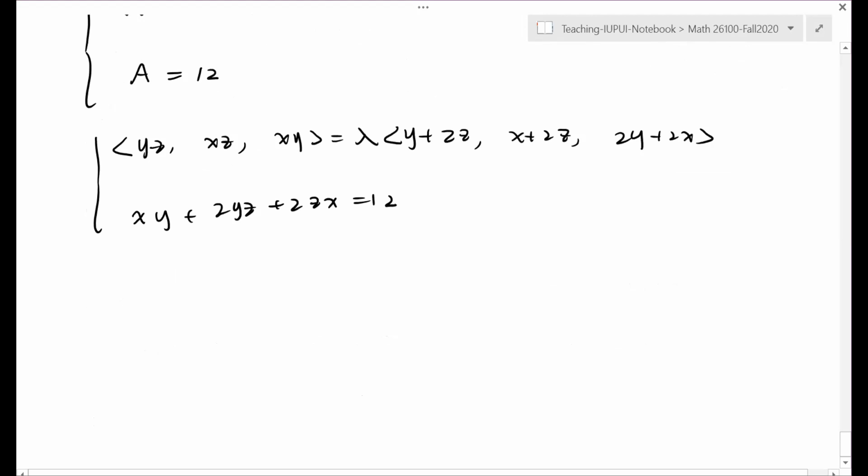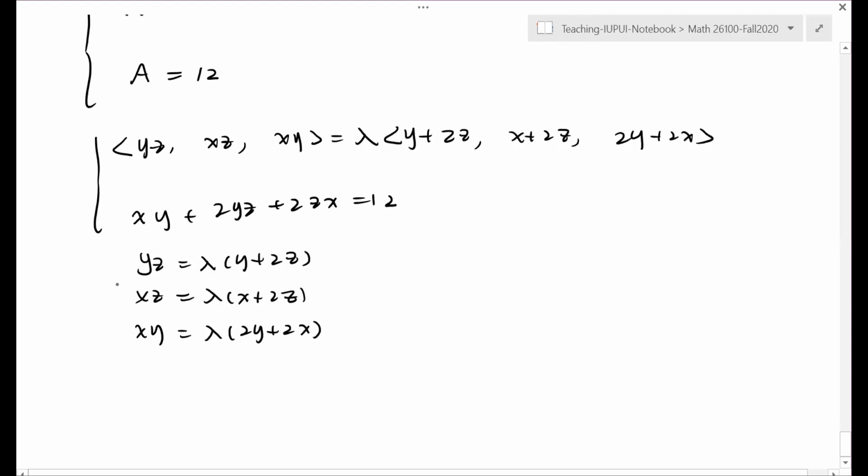So you have many equations. Let me write down here. yz equals lambda times y plus 2z, and xz equals lambda times x plus 2z, and xy equals lambda times 2y plus 2x.